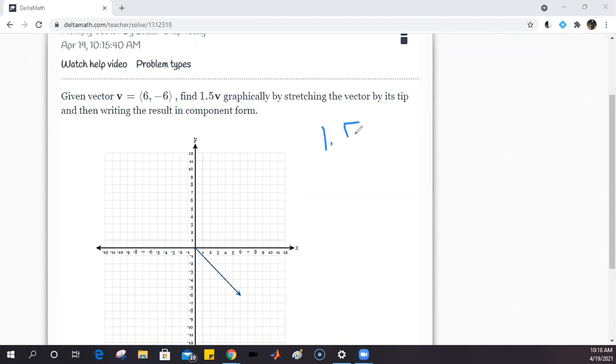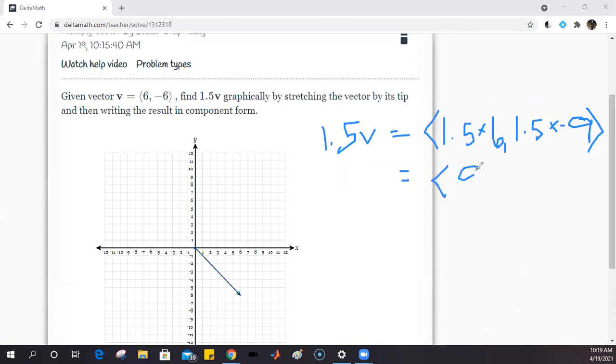So 1.5 v means both of these components are multiplied by 1.5: 1.5 times 6 and 1.5 times -6. We're multiplying both of these components by 1.5. 1.5 times 6 is 9.